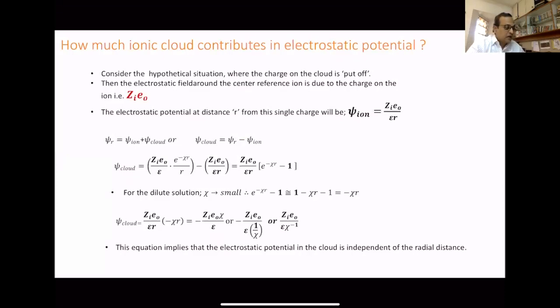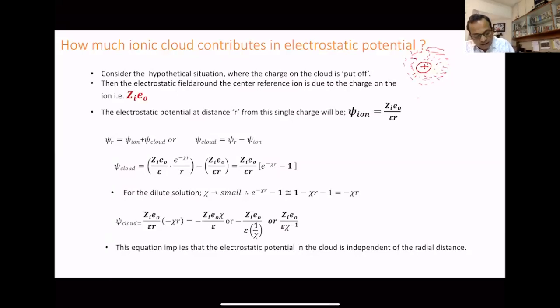Now we have to see how much this ionic cloud contributes to the electrostatic potential. If you see our picture again, we have a central reference ion, and around it there's a cloud. So I can notionally think of two things now.